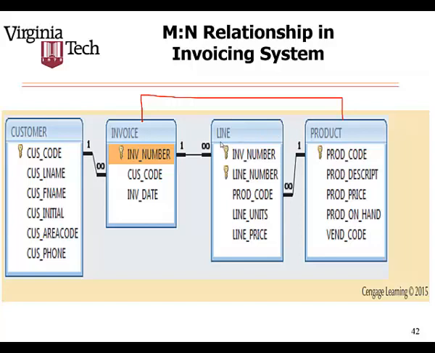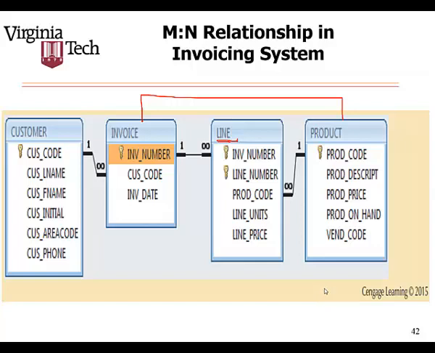What we do, and this is one of the classic examples of all time for this idea of a composite or association table, is we create this new table, invoice line. This is one of the classic ways of learning this concept of many-to-many.